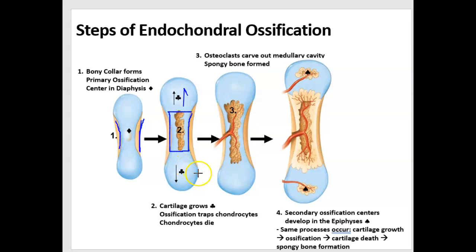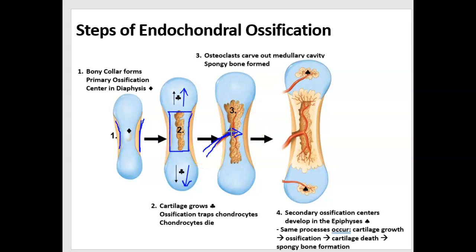So it's getting bigger and bigger, okay, both directions. But that's going to cause degeneration, being cut off from any nutrients. And so the cartilage cells die. Maybe there's a little bit of matrix left, but that'll all be cleaned up because osteoclasts are going to come in with the periosteal blood vessel and chew up the matrix, get rid of it.